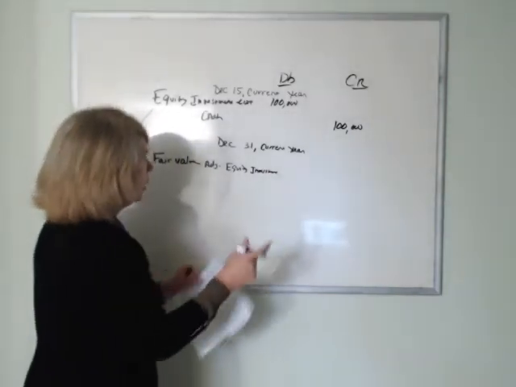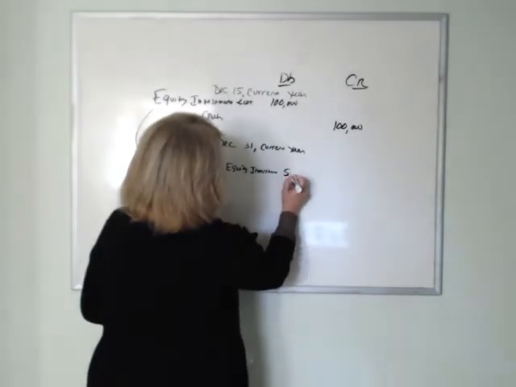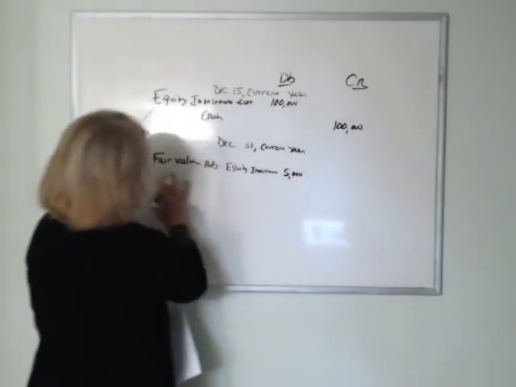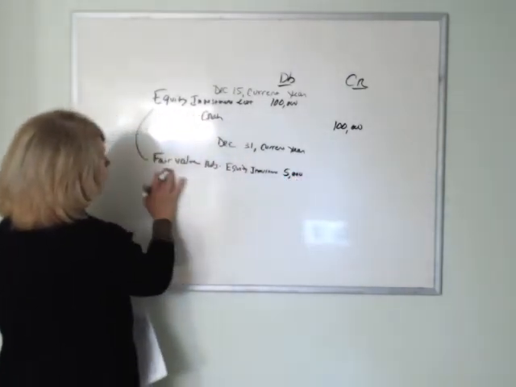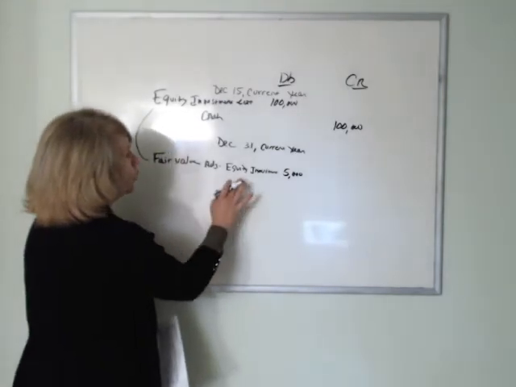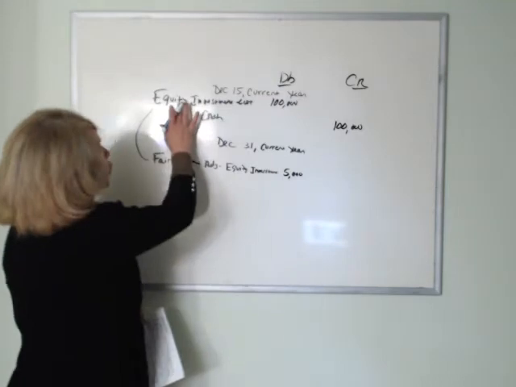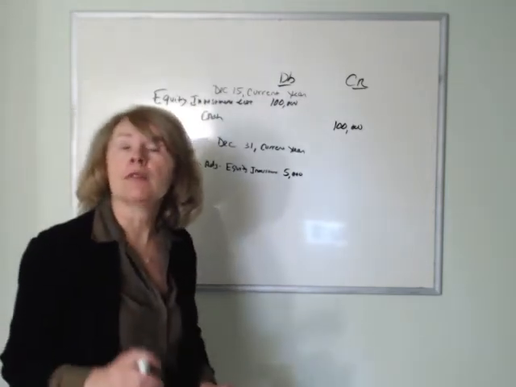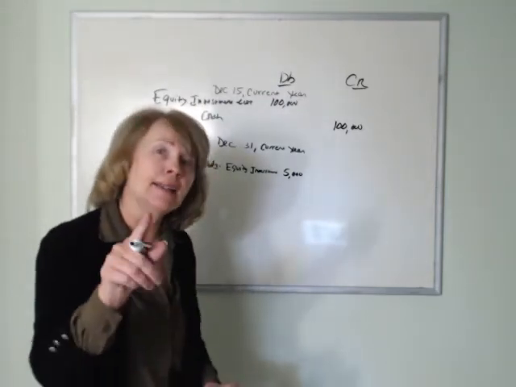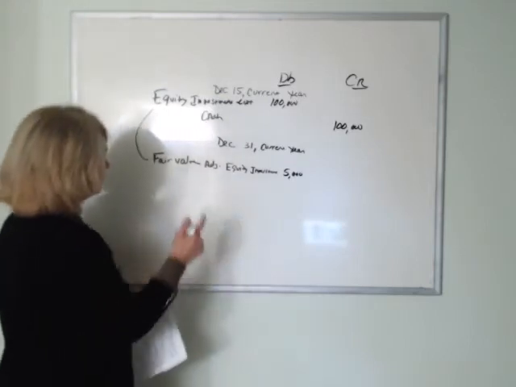So we're adding to it $5,000. Okay? Remember this account, fair value adjustment, equity investment. That's a separate account. It will show beneath the equity investment, but they want to isolate that. And I'll explain why in a minute.